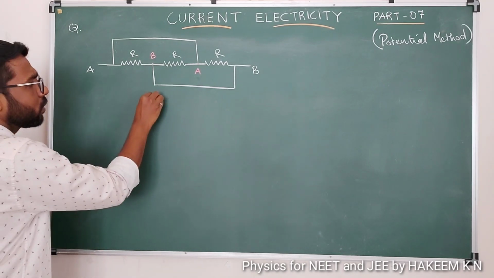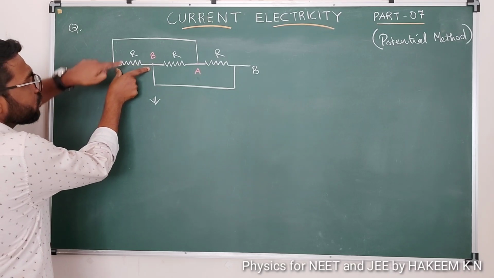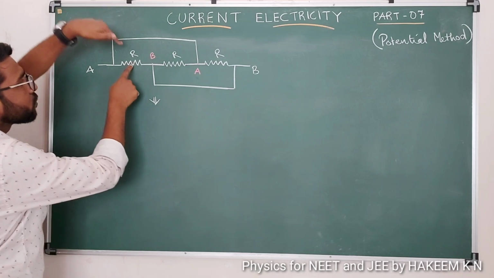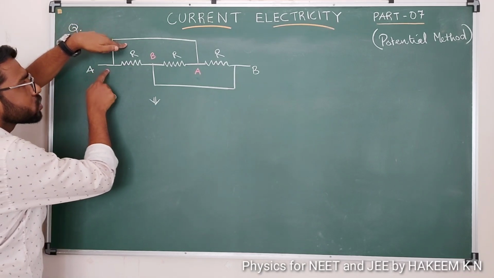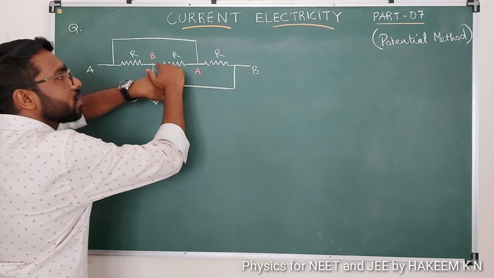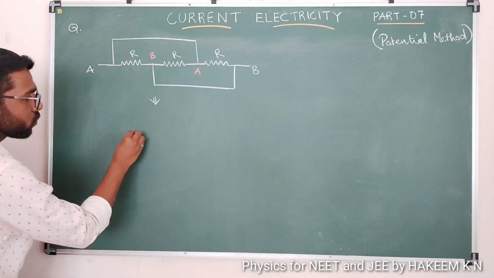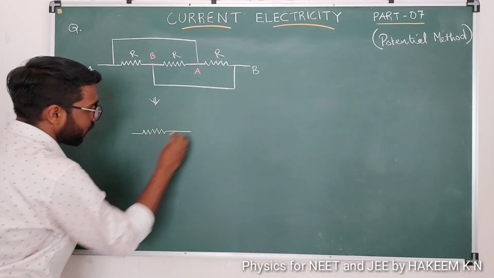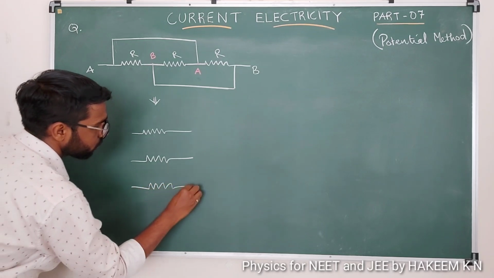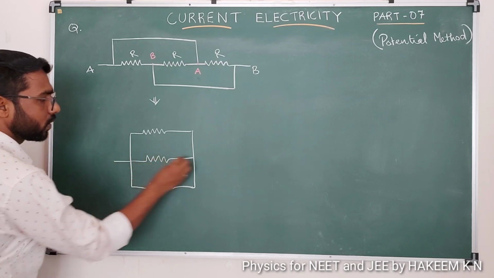Now you can draw the equivalent network. How to draw? Two ends of every resistance are A and B. For first resistance, one end is connected to A, the other end is connected to B. Second resistance, one end to A, the other end at B. And third resistance, one end to B, the other end to A. So we can draw the equivalent network like this.